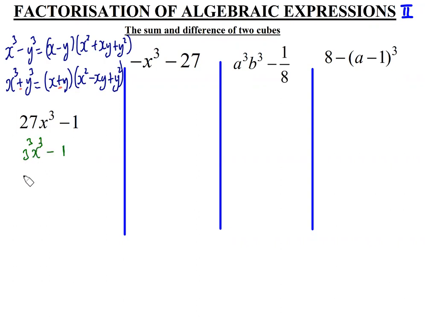And if you follow the rules of exponents, this means that we have got cubed there, minus 1. So this is acting as our x, and this is acting as our y. As 3x on its own, so we're going to rewrite it and say this is going to be 3x minus 1.